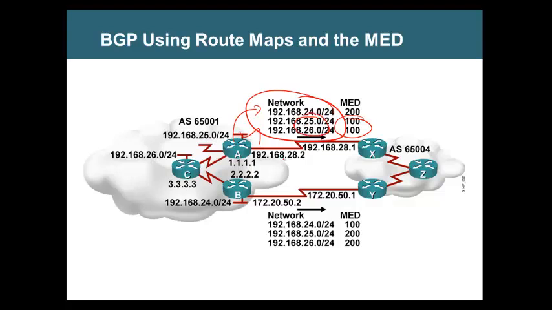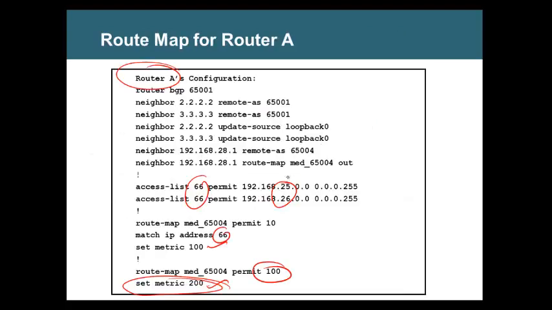Now, we write an access list for 25 and 26. We call that access list under the route map, and we are setting 100 for them, and 200 for all other networks. Which is the only other network left? 24. It is going to be assigned 200. Even though we have not written an access list for 24, it's the only other network other than 25 and 26. Did you understand this?